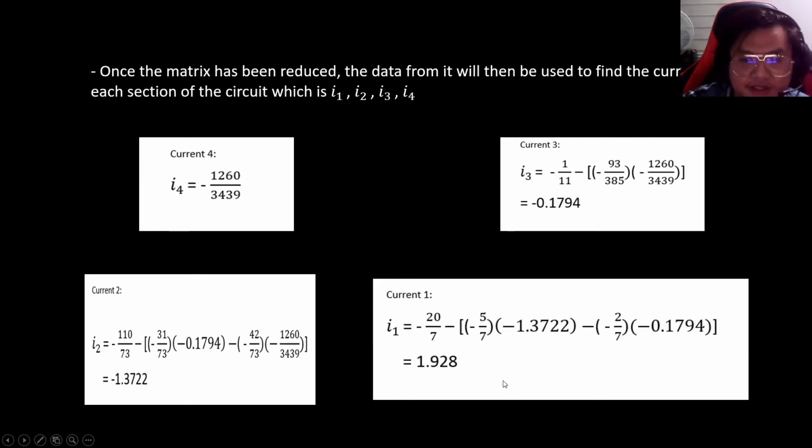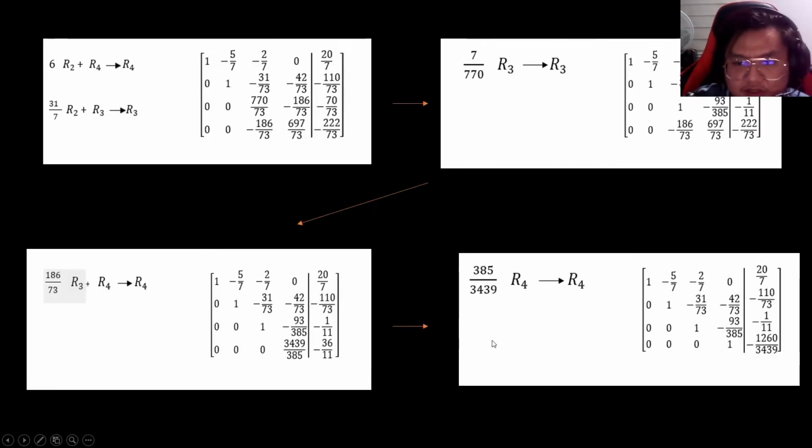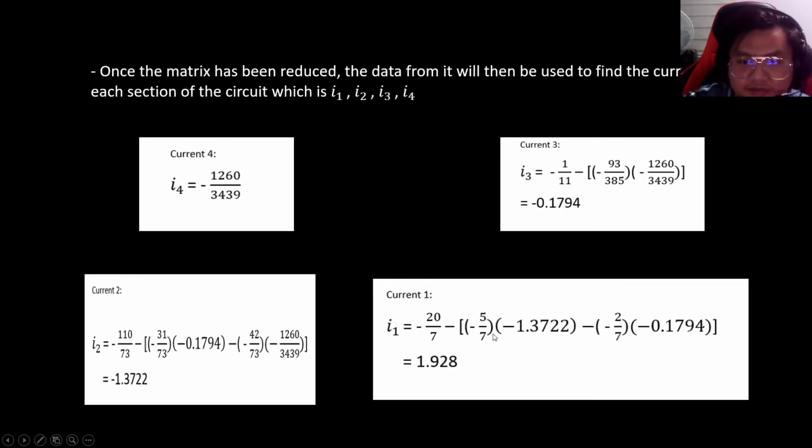We'll be subtracting to get current 1, which is negative 20/7, this one, minus negative 5/7, minus current 2, then minus negative 2/7 and then the current for current 3, to get 1.928, which is the answer for current 1. It is positive because it is flowing in the right direction.